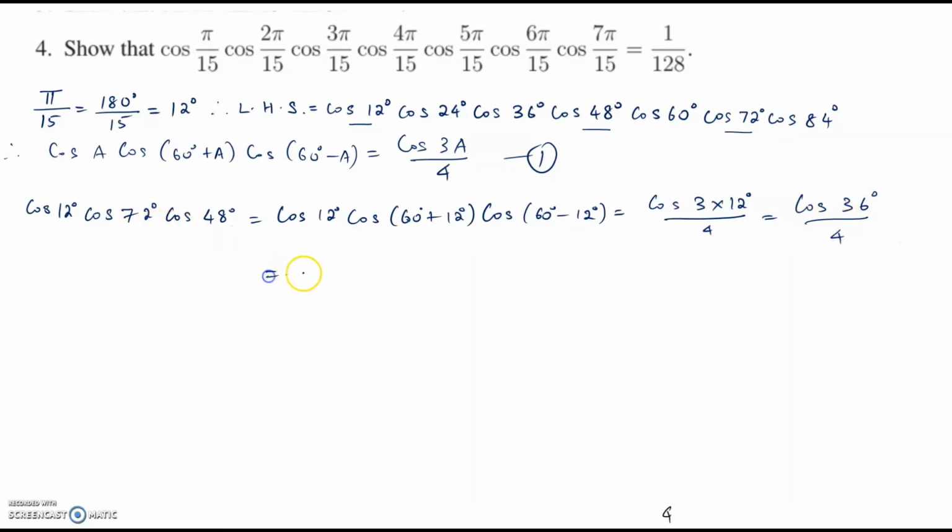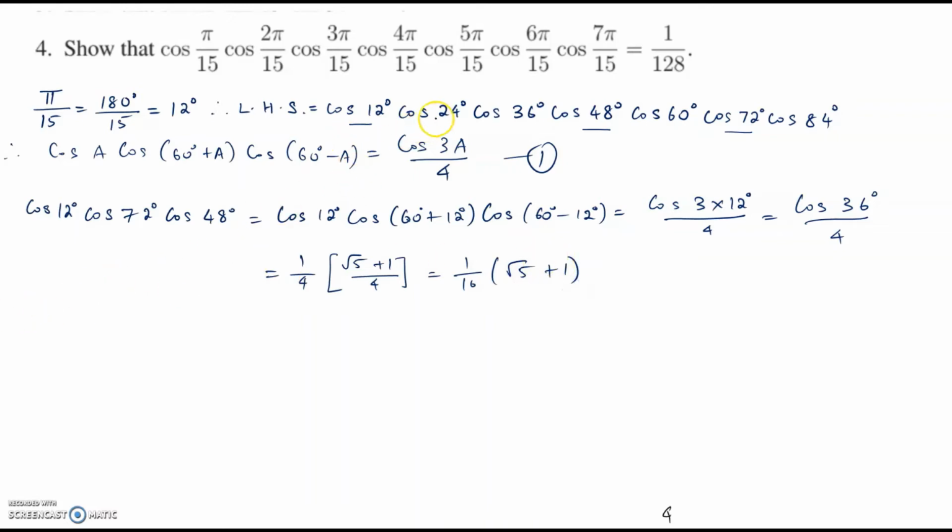And cos 36 degrees is given by root 5 plus 1 by 4. So it's 1 by 4 into root 5 plus 1 divided by 4. So that's equal to 1 by 16 into root 5 plus 1.